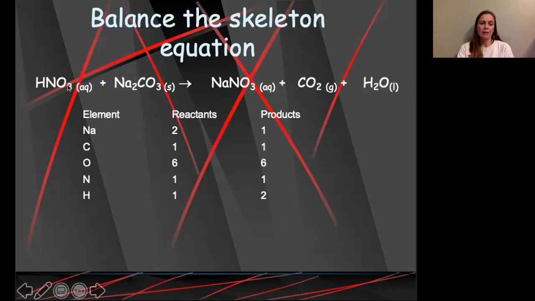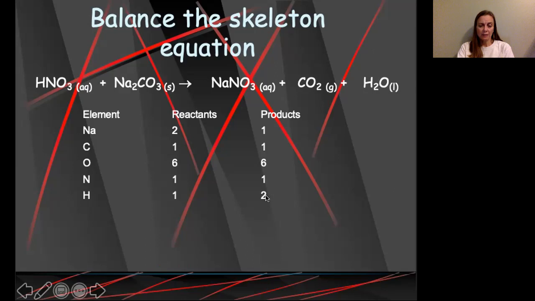I have 3 and 3, so a total of 6 oxygens on the reactant side. I have 1 nitrogen and I have 1 hydrogen. And on the product side, I can see that I have 1 sodium, 1 carbon atom, 6 oxygen atoms, 1 nitrogen atom, and 2 hydrogen atoms.